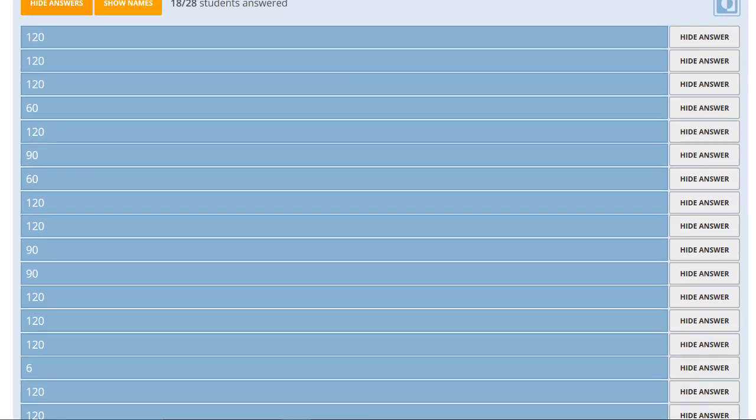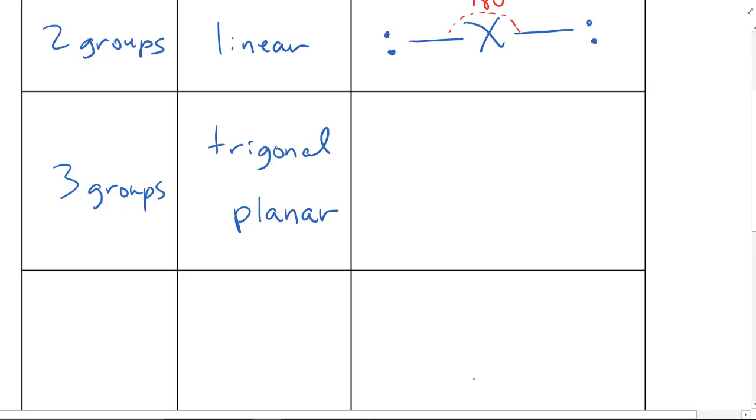The way that we would write that, we put in our central atom like this, and then show 3 pairs around the central atom. Why is it 120 degrees? 360 divided by 3, exactly. In a circle there are 360 degrees, which means these bond angles would be 120 degrees.